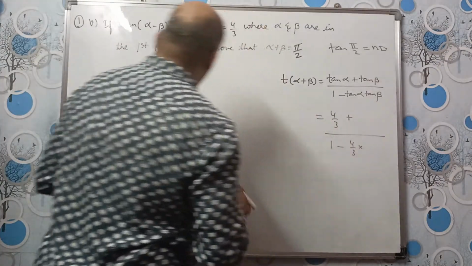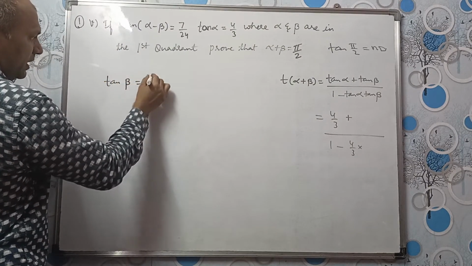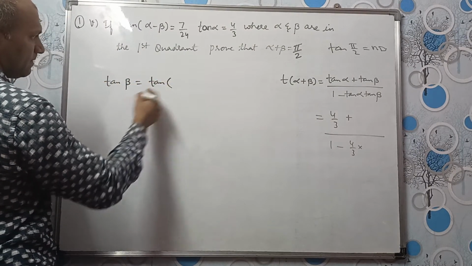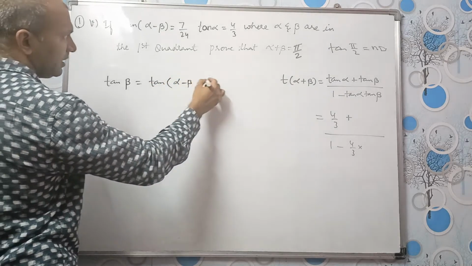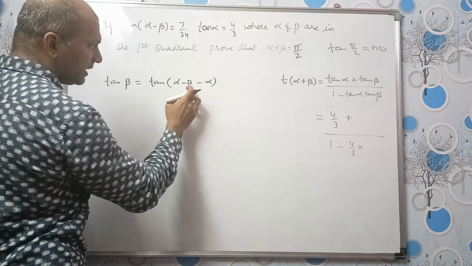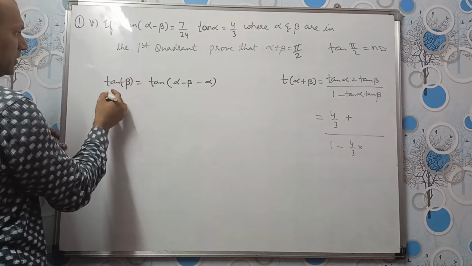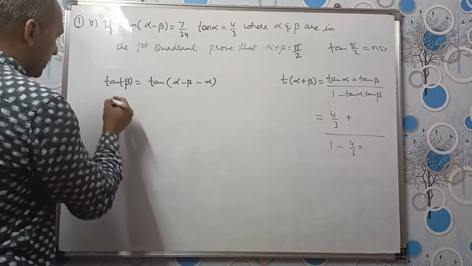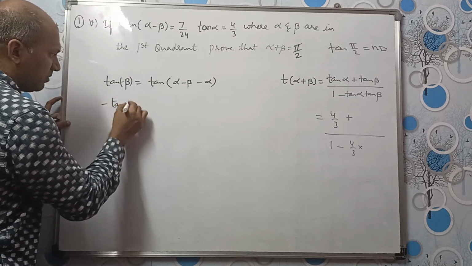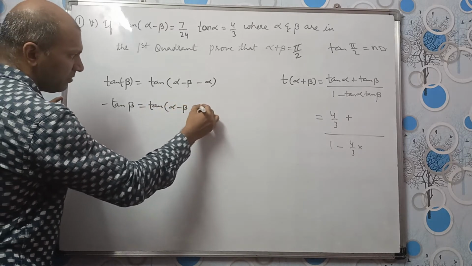Let us do one thing. So we need to find tan beta. Let us write it as alpha minus beta minus alpha. So alpha minus alpha will get cancelled. We'll have tan minus beta, right? So this is actually tan minus beta. So we can write this as minus tan beta is equal to tan of alpha minus beta minus alpha.